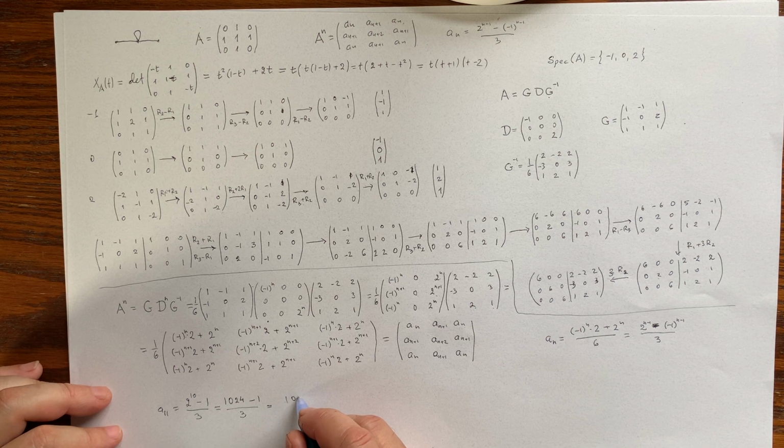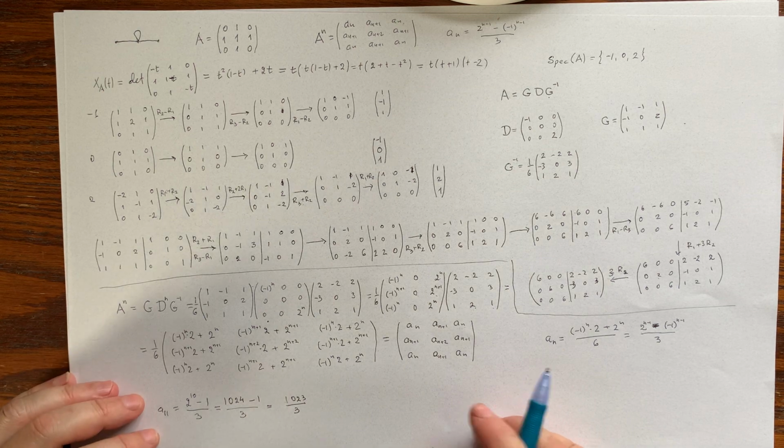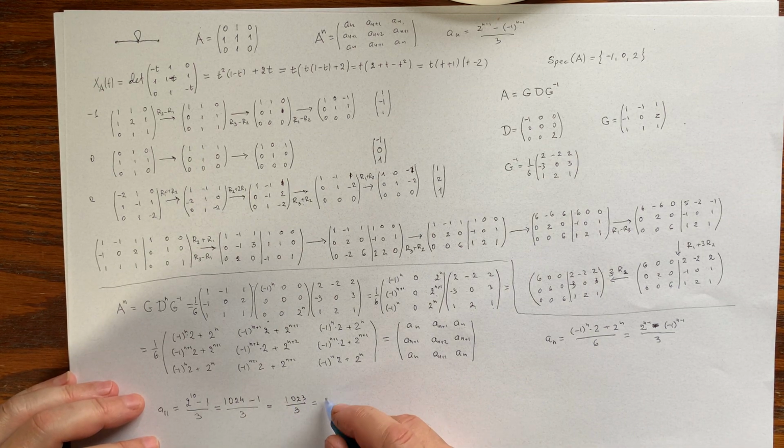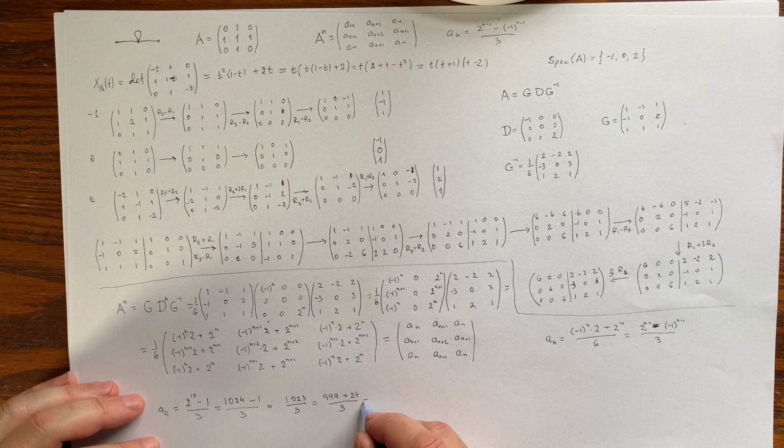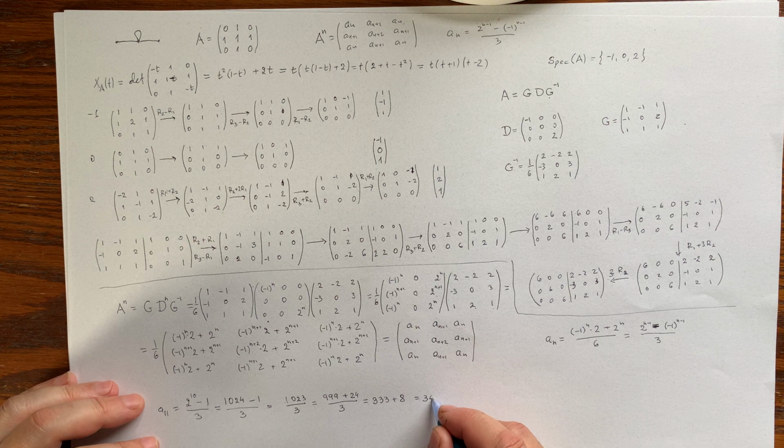That is 1023 divided by 3. And we could break 1023 into 2 bits, like 3 nines, and then 24, each of them manifestly divisible by 3 in an easy way. So the answer is 341.